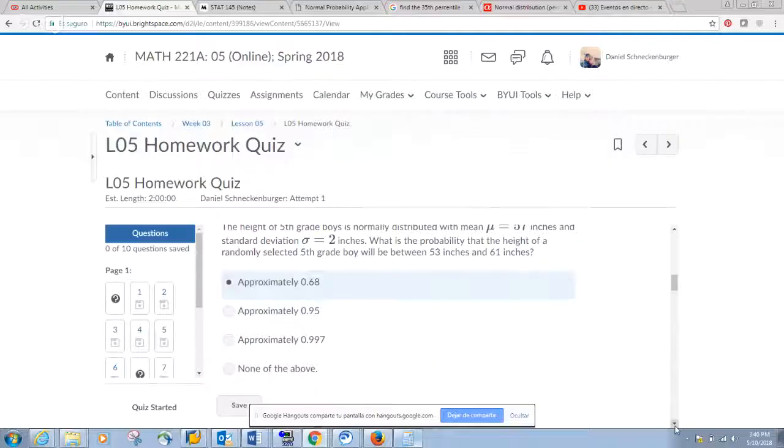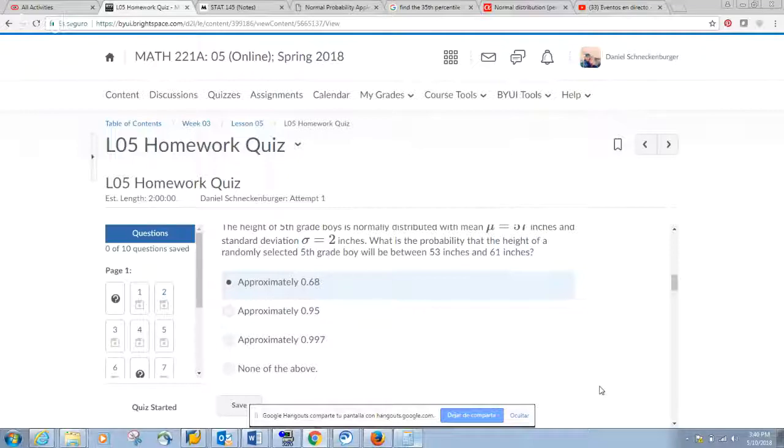For the 68% one, the heights would have to be between 55 and 59. Right, you're right, because the standard deviation is 2.